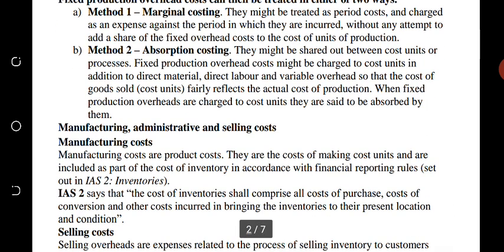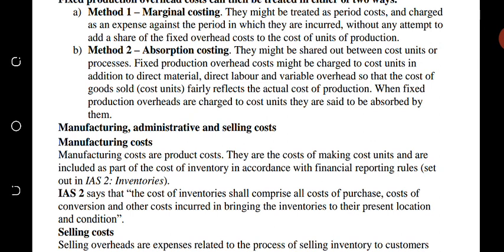But when you use the other method, which is the absorption costing method, they might be shared out between cost units or processes.